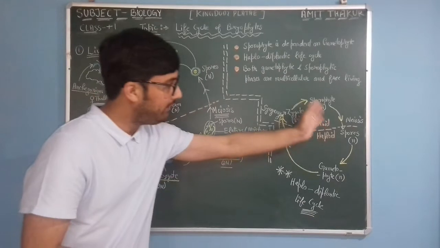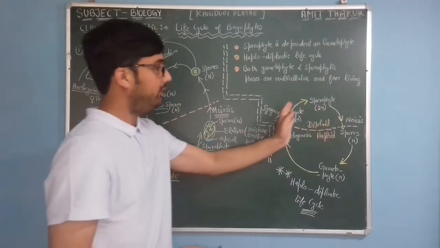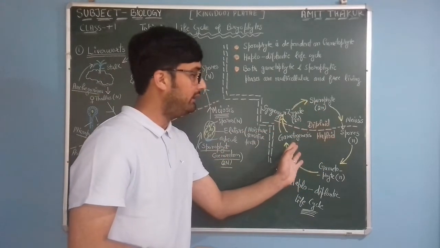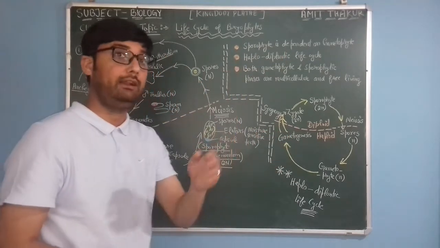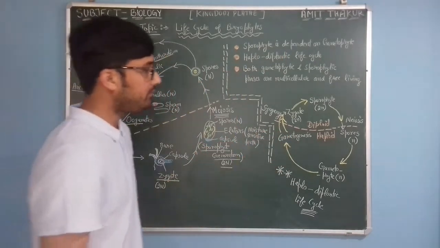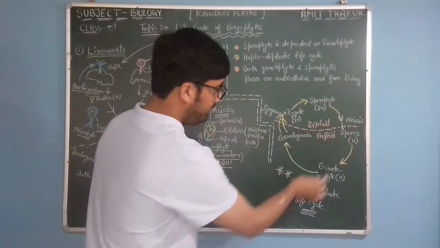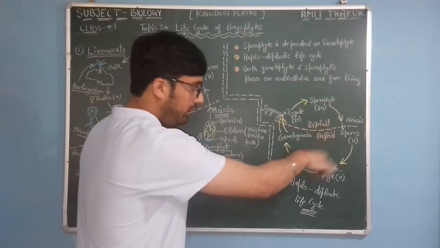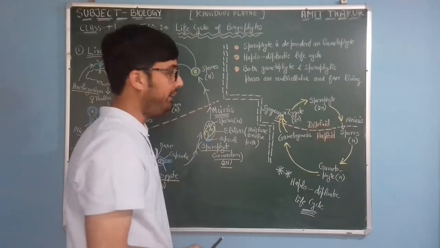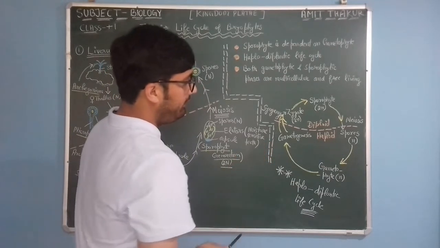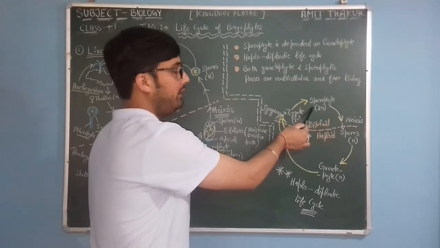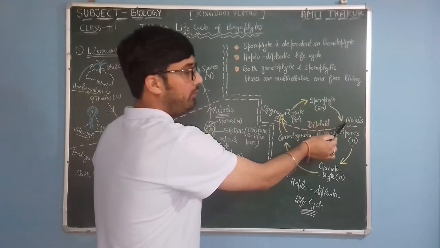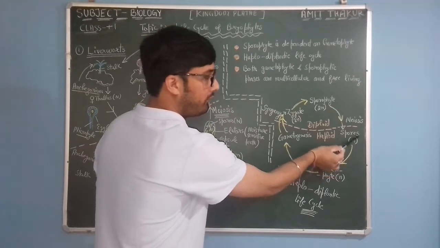So here you can see, and this diagram you would see at the last pages of the NCERT of this very chapter. So this is a life cycle. This is, you can say, an outline of the life cycle in bryophytes. Here you can see this sporophyte, which is diploid, and this sporophyte would undergo meiosis to form spores.